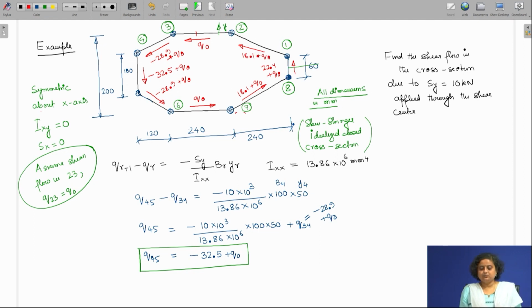Now since the shear force is passing through the shear center, we can use Bredt-Batho theorem and say that the integral of tau ds has to be equal to 0, just because it is passing through the shear center.